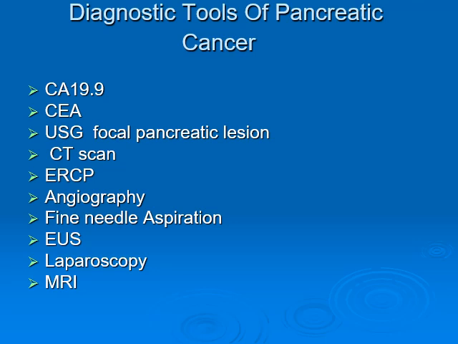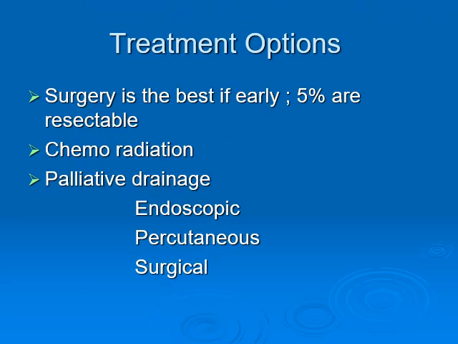Laparoscopic evaluation before surgery, in certain centers they do laparoscopic evaluation because laparoscopy is the best way to discover peritoneal seedlings, which will not be seen by any other means. Magnetic resonance imaging actually can be used also for evaluation of resectability.